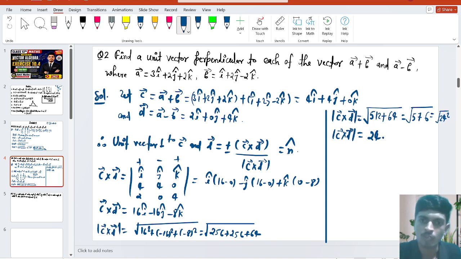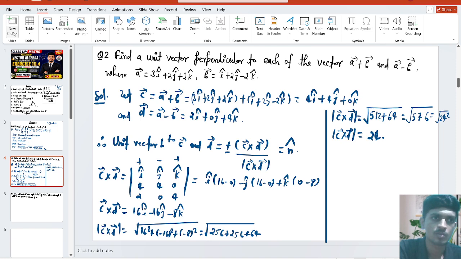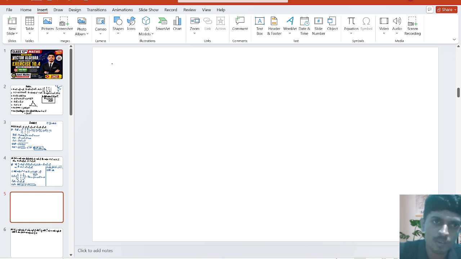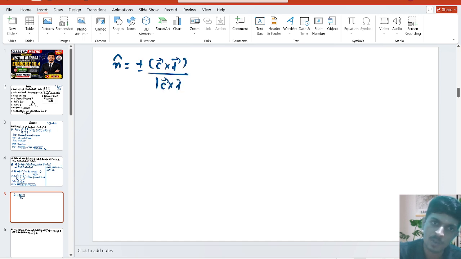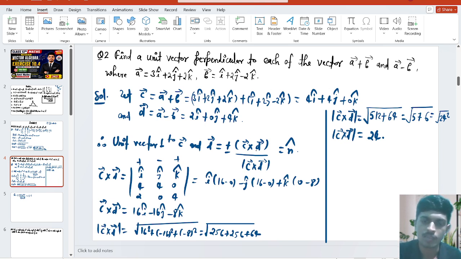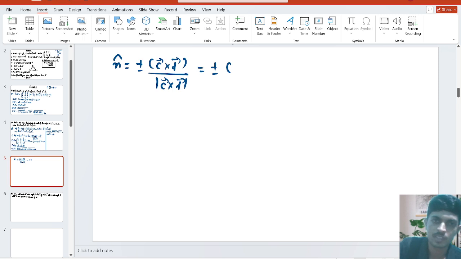So what we need to find is n cap. n cap is perpendicular to vector C and D. This is plus minus of vector C cross vector D upon modulus of vector C cross D. Vector C cross D is 16 I cap minus 16 J cap minus 8 K cap, and its modulus is 24.